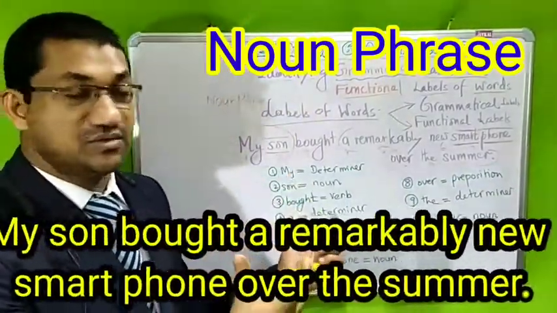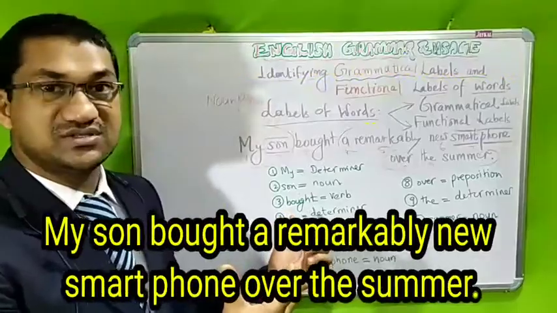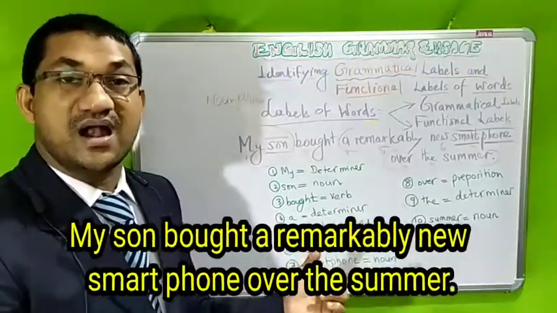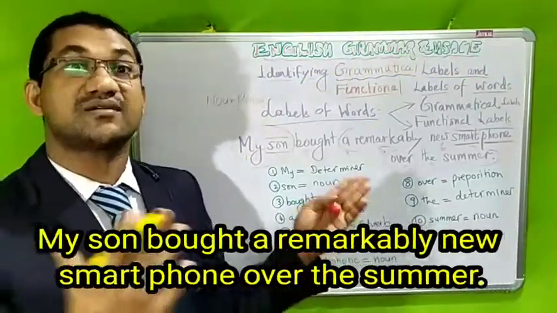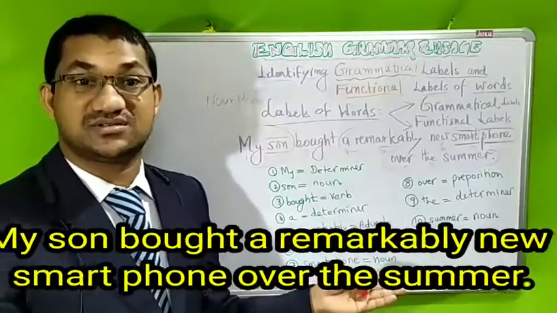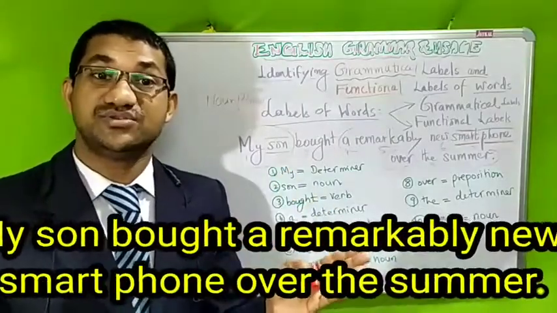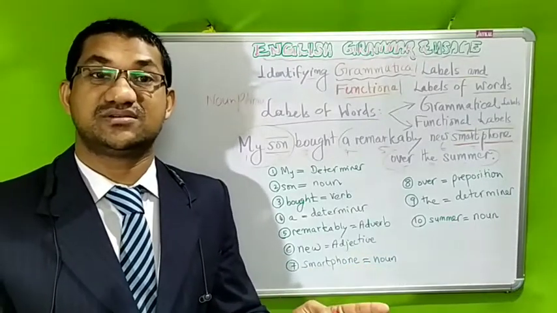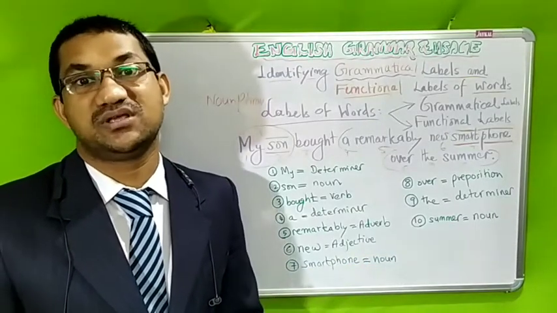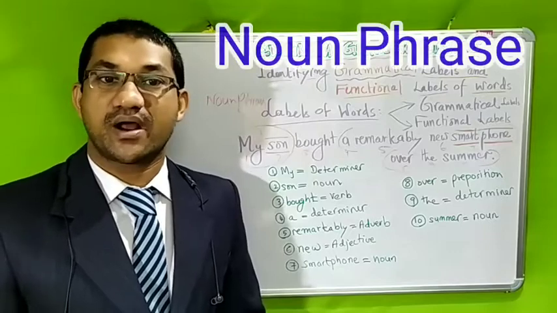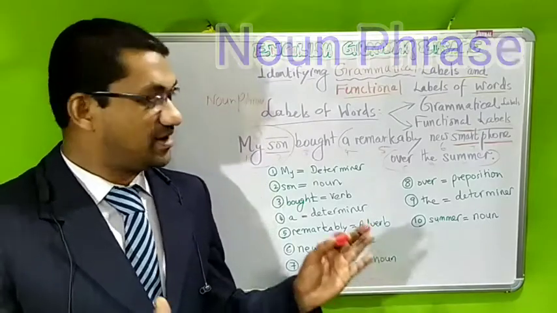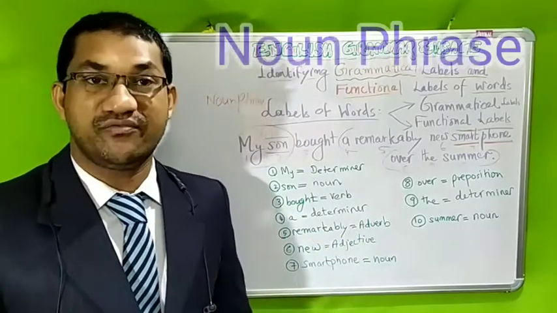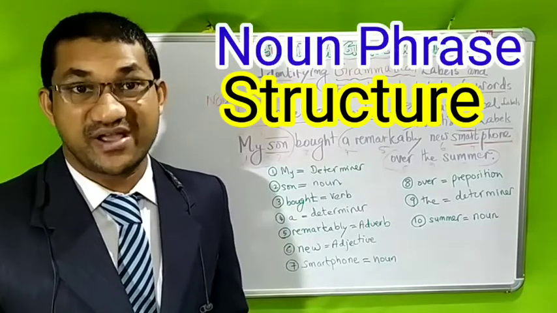Now we are going to look at each of these in detail and understand the structure of noun phrases. The terms noun phrases, preposition phrases, etc. are also grammatical form labels. And now we have to understand the structure of noun phrases and preposition phrases.